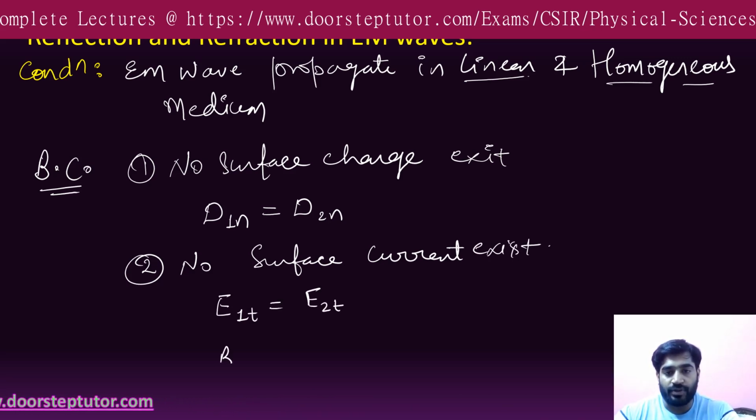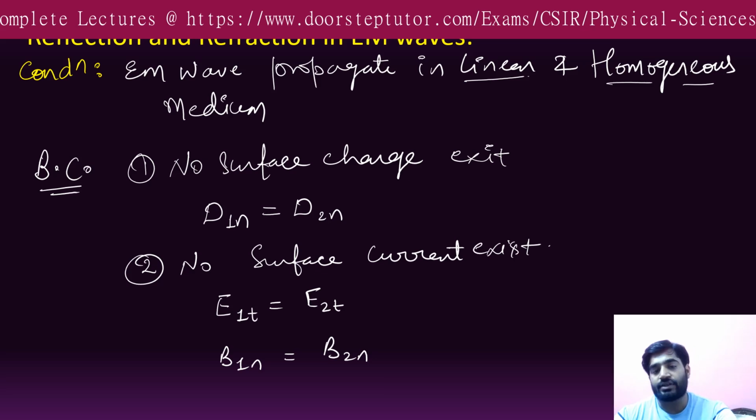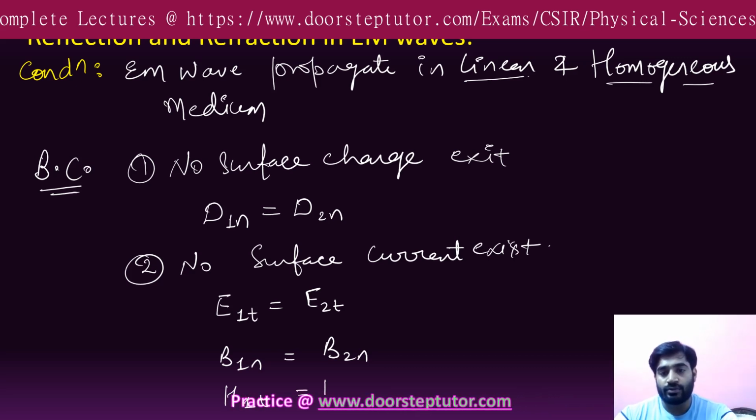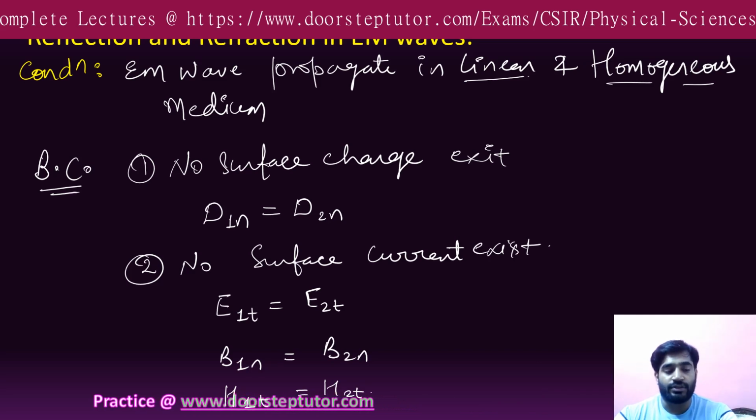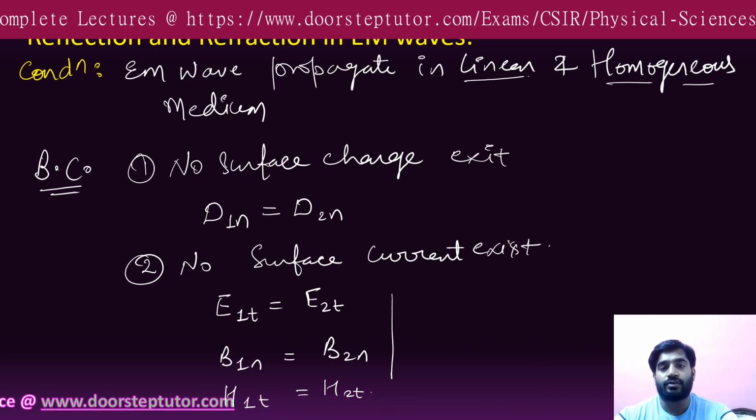Also B1n must be equal to B2n. And the last one is the condition regarding H, that is H1 T must be equal to H2 T. So these are the boundary conditions for reflection and refraction of waves.